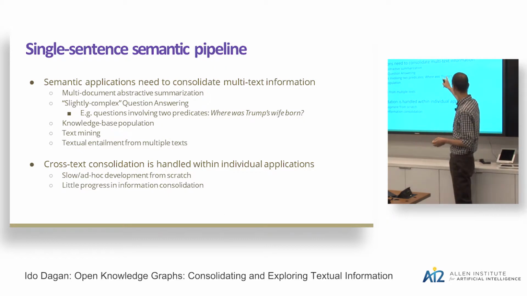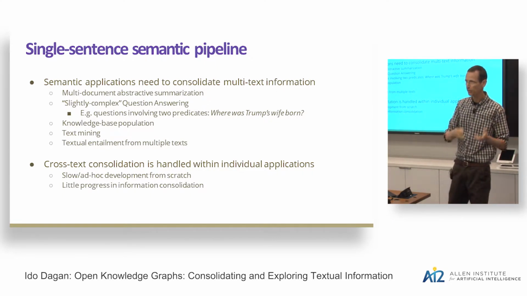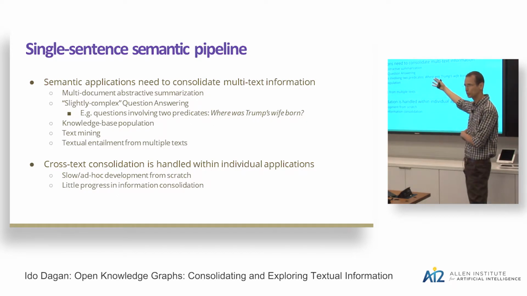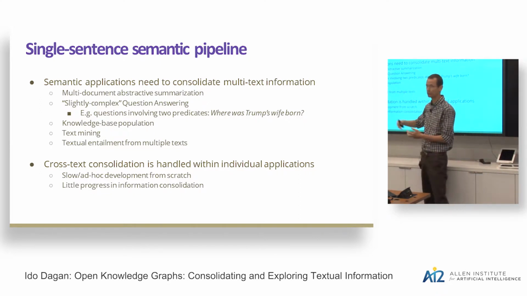So you have the wife relation, and then you have the born relation. And these might be scattered in two different documents, one that will tell you that Melania is Trump's wife and another that she was born in Slovenia. And you need to consolidate that. KBP, text mining, textual entailment from multiple texts.